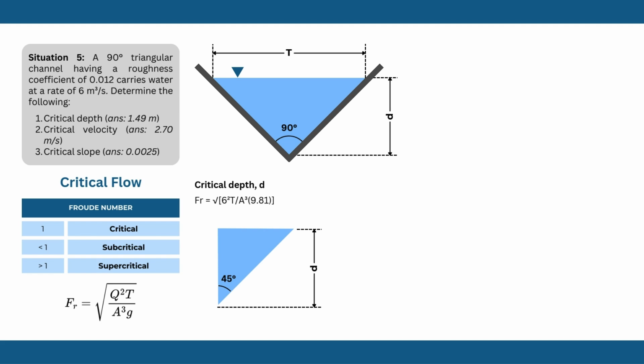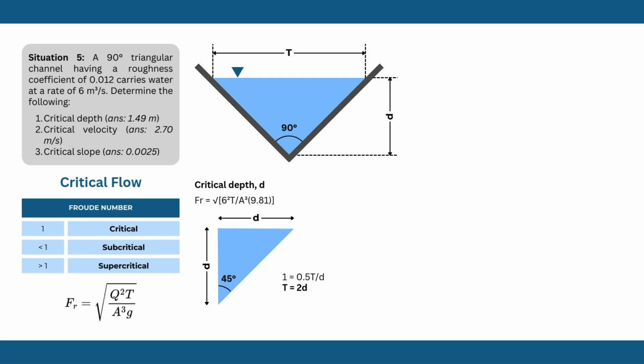And using that with the dimension D na nasa side ng divided triangle natin, and the dimension na half of T sa top width, we can express the half of the top width with the trigo function na tangent theta equal to opposite, which is half of T, over the value of D. Simplifying this equation, we know that the value of tangent 45 is just equal to 1. Therefore, in order to express T in terms of D, let's just multiply both sides by D and also by 2. With that, we can see that the value for T is just actually twice of D.